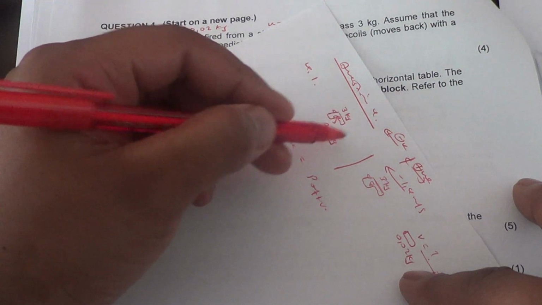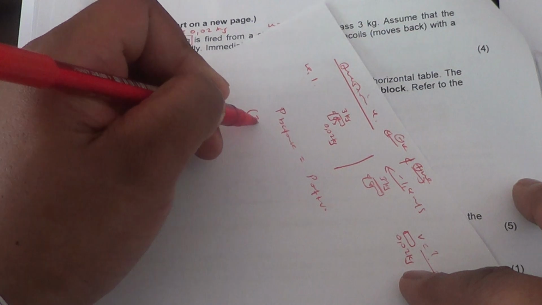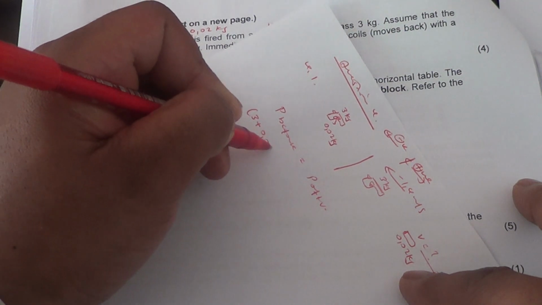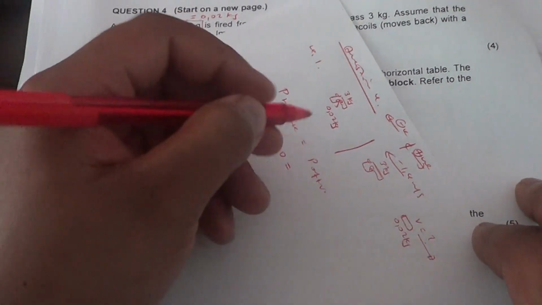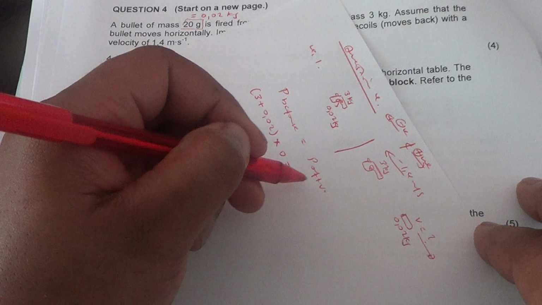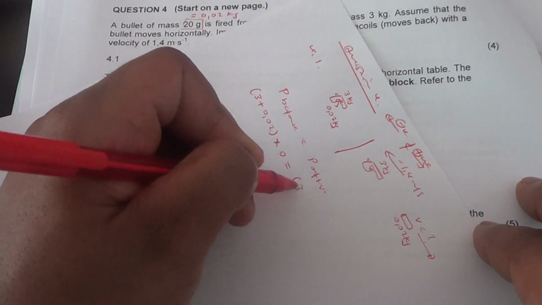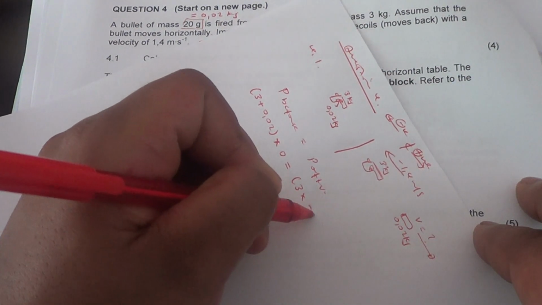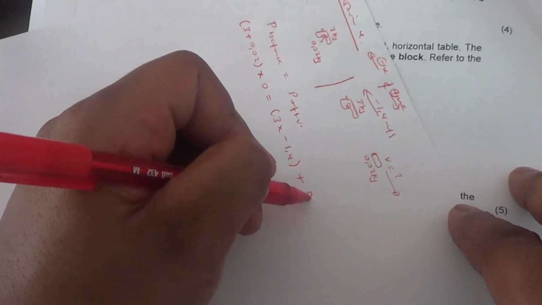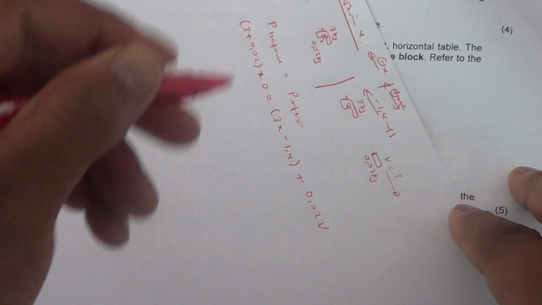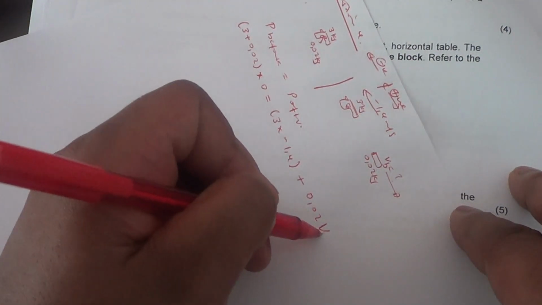But now the P before, because these two were stationary, it's going to be 3 plus 0.02 times 0 because they were stationary, equals P after. It's going to be now the two momenta for the two structures added together. So it's going to be this one 3 times minus 1.4, alright, plus this one is going to be 0.02 V, because we don't know. Maybe say VB to say bullet, okay?